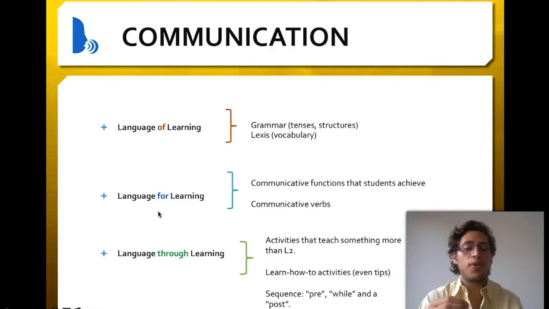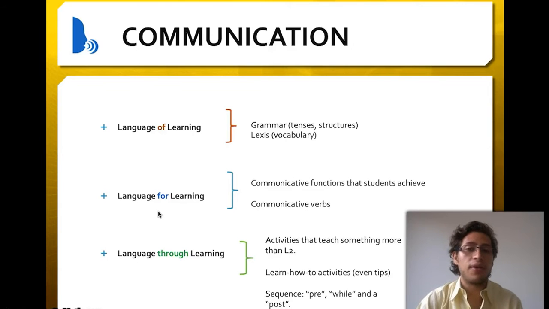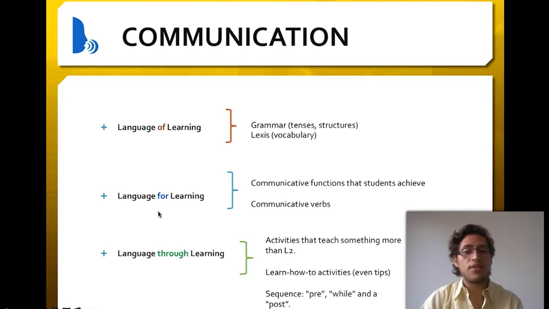So here we are going to place all of those actions that they carry out by communicating. So in order to identify them, we are going to see that these actions are introduced by a communicative verb. And do not worry, we are going to go a little more into detail later on.